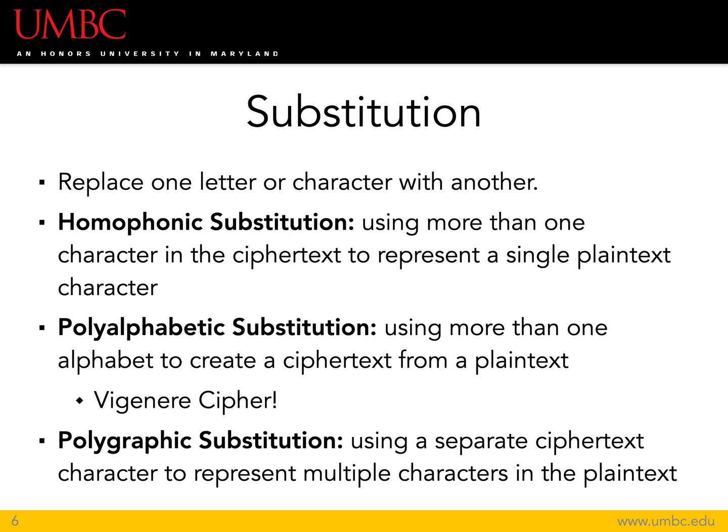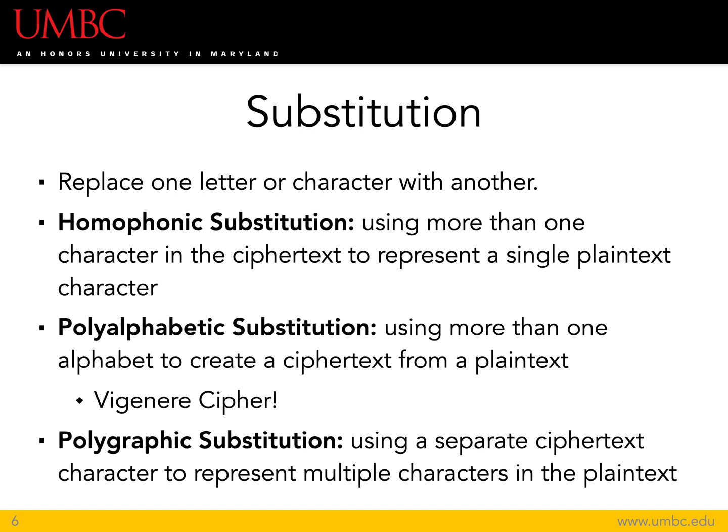The Y would be a shift by 25, and the E would be a shift by 5. So the first character would be shifted by 2. The second character would be shifted by 25, and this would wrap around the alphabet. And then the last character, the first L in hello would actually be shifted by the last character in our passphrase, which is an E, a shift of 5.